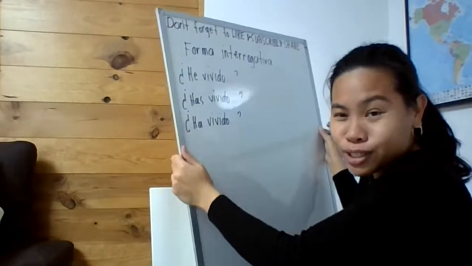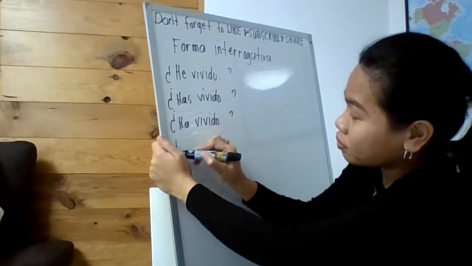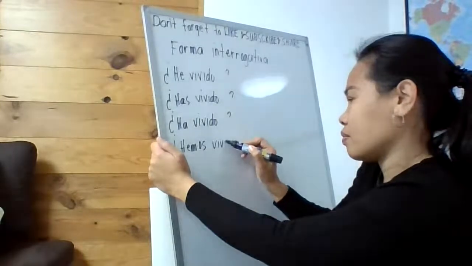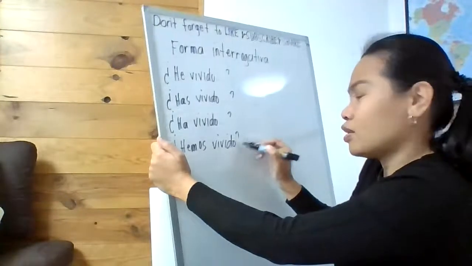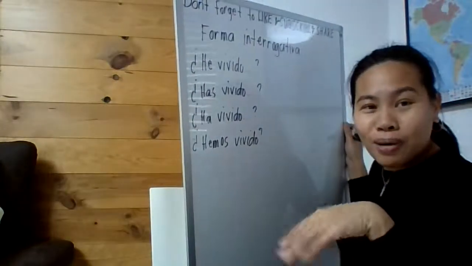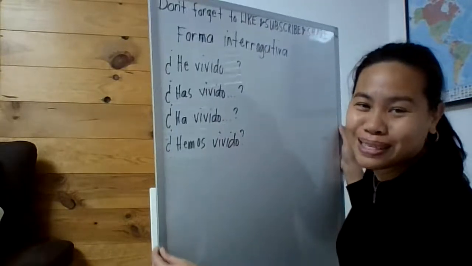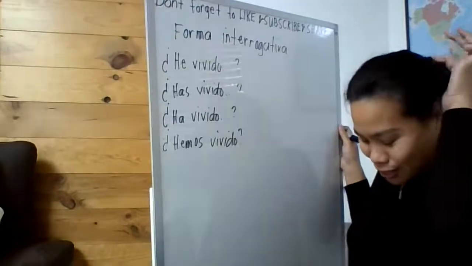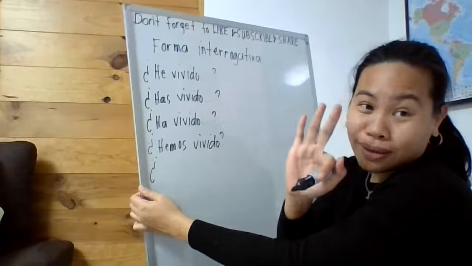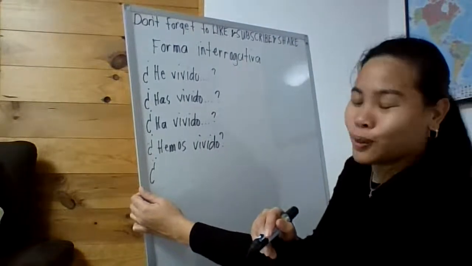Mega shout out to my sister, May Ann Venturer. You know what, my students, they keep on asking me, how many subscribers do you have now? Because they want me to sing the Spanish ABCD song. If cuando tenga 3,000 suscriptores.